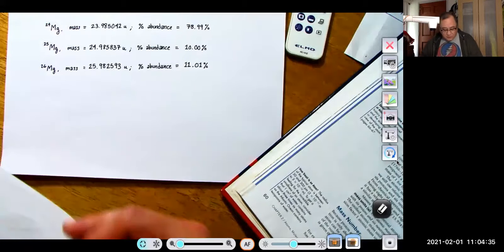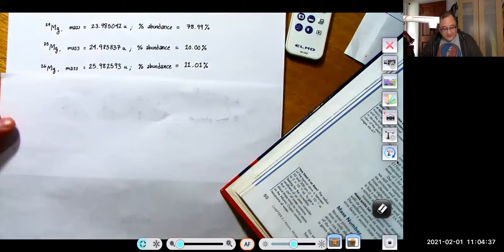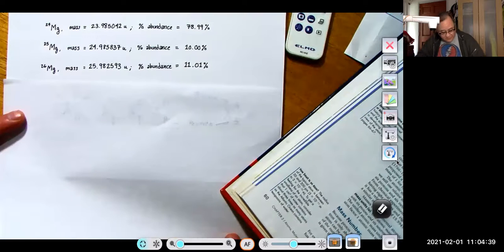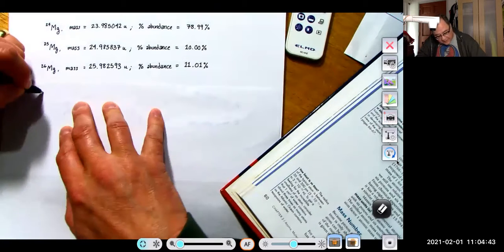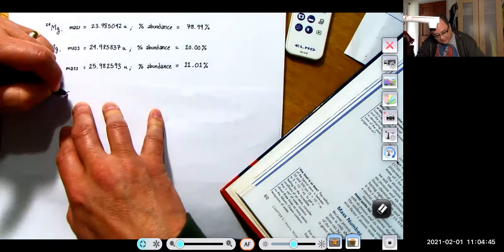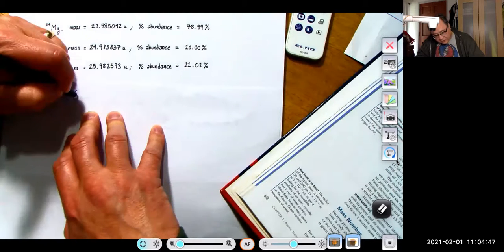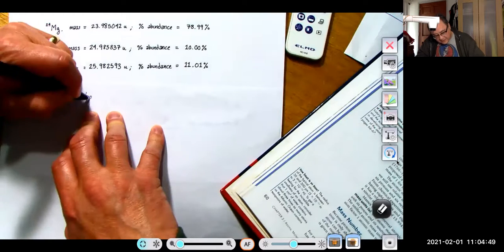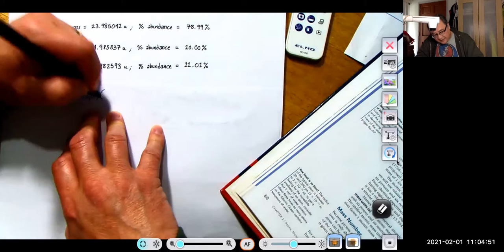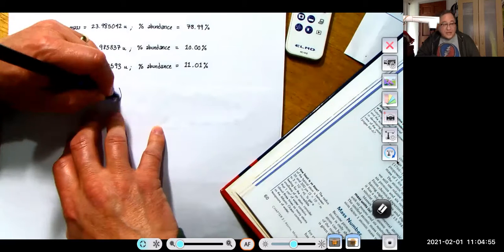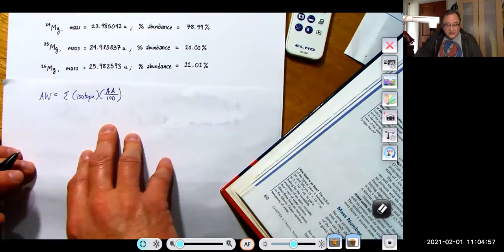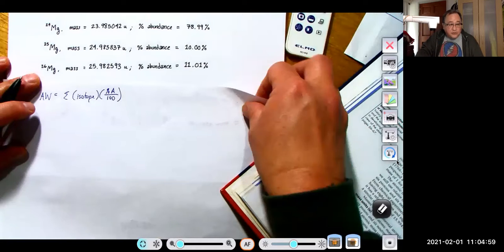And I will put a block around what I would expect to see on the exam, okay? So I would expect to see that the atomic weight is the sum of the isotope mass times the percent abundance for that isotope over 100. I'd expect to see that formula because I'm always expecting to see the general formula you're using to solve a problem.